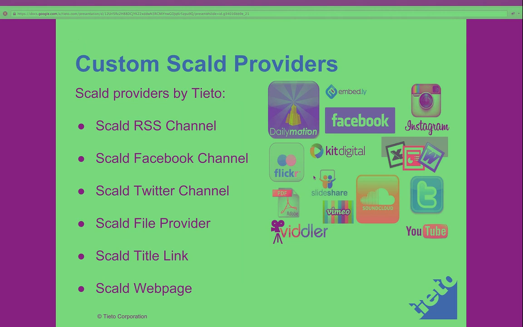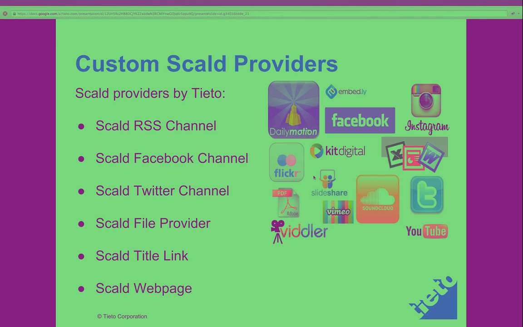Dailymotion, that's a part of the Scald core already. And Scald image also is a part of the core. Most of these are separate contributed modules, sub-modules to Scald that provide another functionality. For example, the SoundCloud thing, you just install the module and you can use your SoundCloud music as assets.